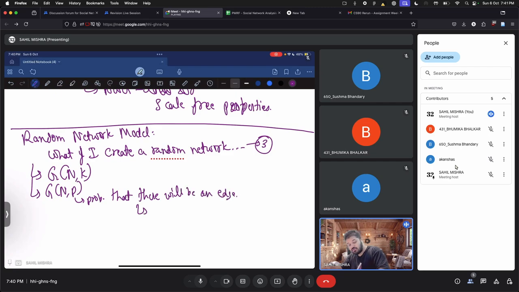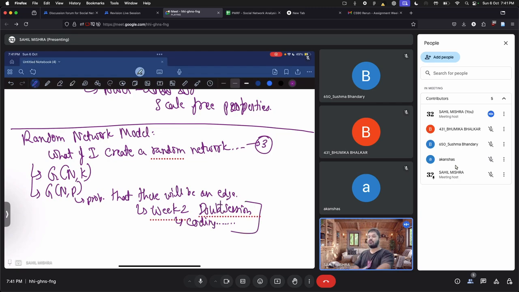If you go to the week 2 tutorial session, I have shown this using coding. If you want to revisit this, you can go there. It is a very interesting concept that I have shown in Python with NetworkX coding.